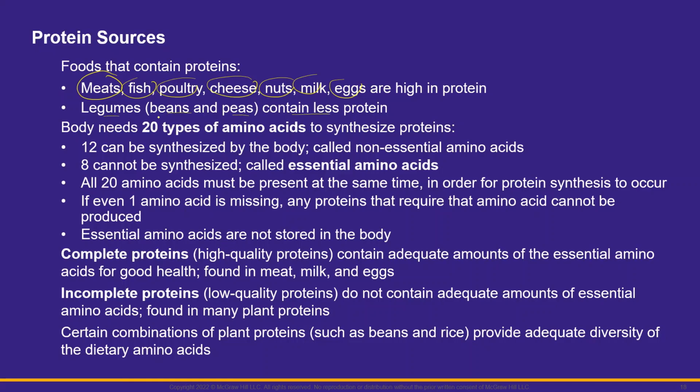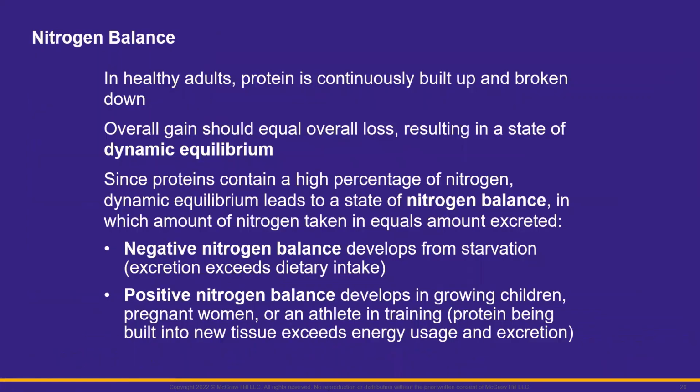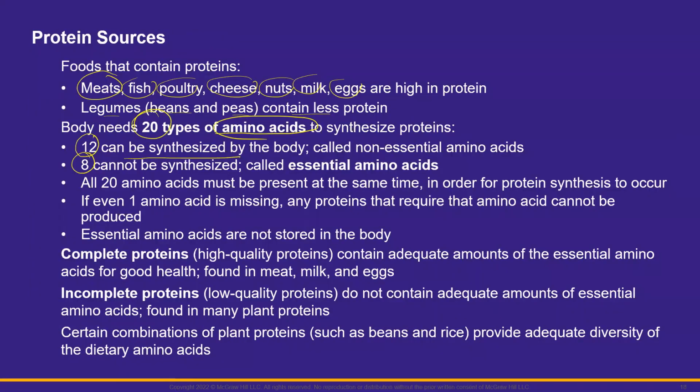There are actually 20 types of amino acids that are needed by our body. 12 of them can be synthesized mostly in the liver, but 8 of them cannot be synthesized. And this is what we call the essential amino acids. They have to be provided from diet. Okay.